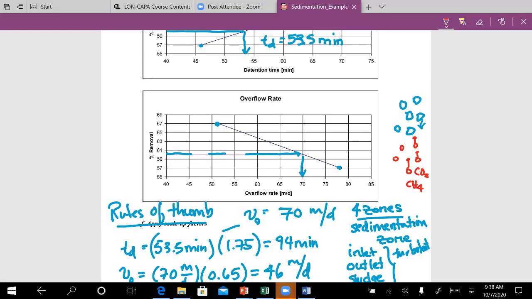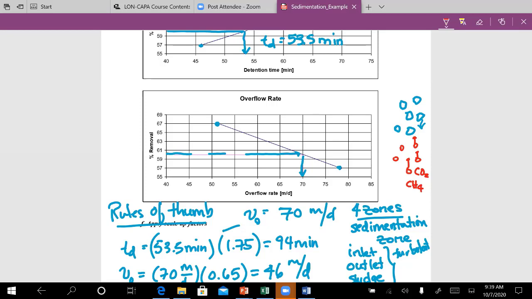Because of that, we know that if the detention time is longer than about 3 hours, we start to see decay. Or if we don't remove sludge from the bottom on a regular enough basis, then we're going to start getting significant biological activity, and you're going to produce these bubbles, and that's going to do the opposite.